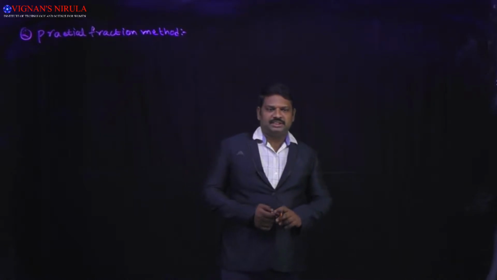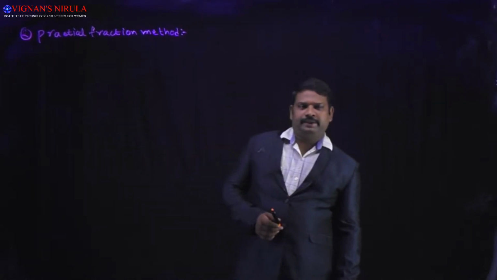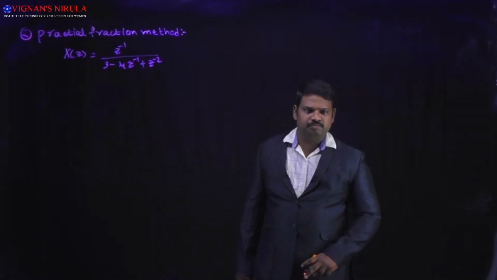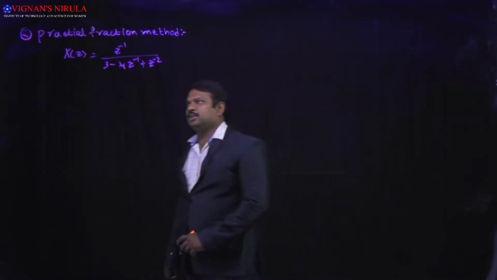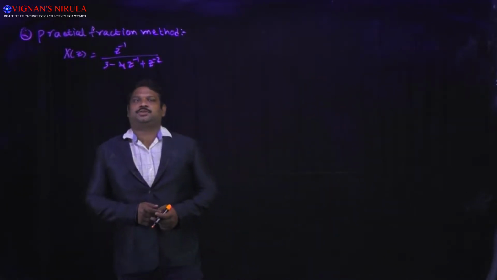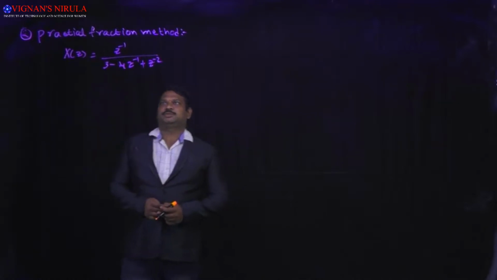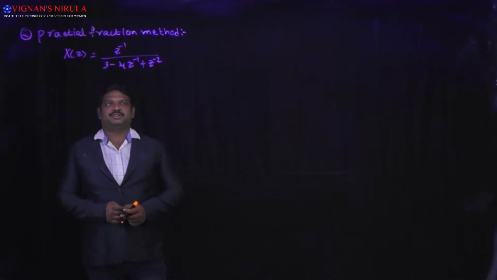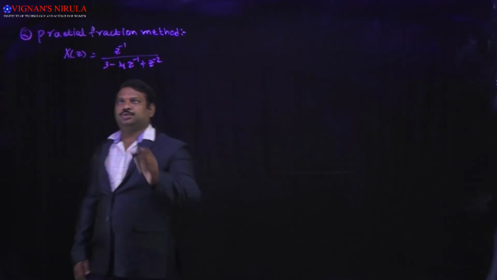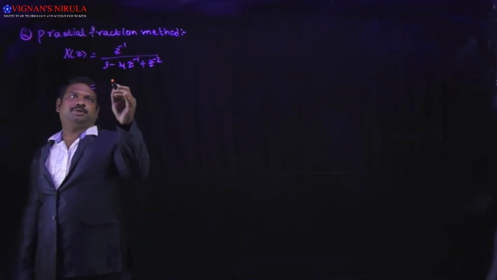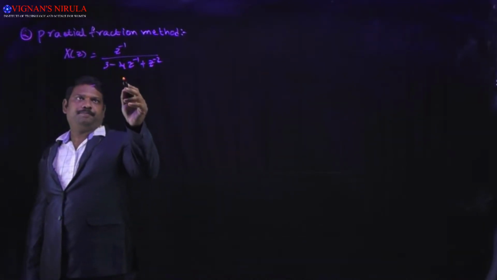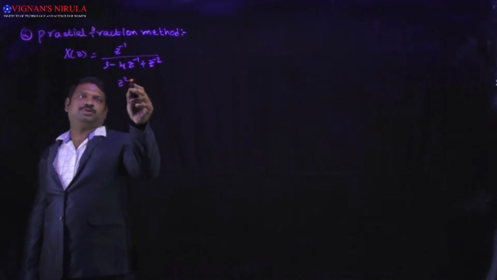For example, consider the example like this. This was the example I am taking: X(z) = z^-1 / (3 - 4z^-1 + z^-2). Convert these z inverse powers to z by multiplying z square on both sides.